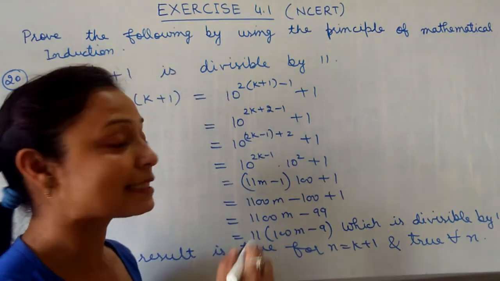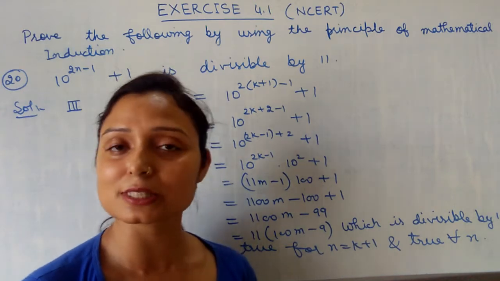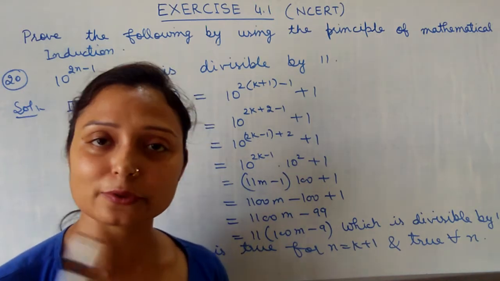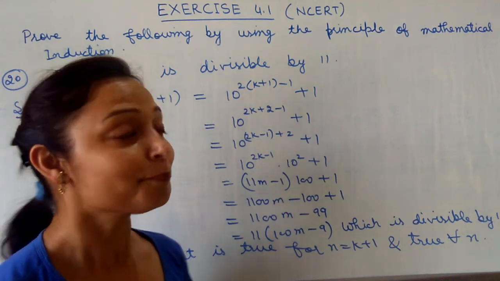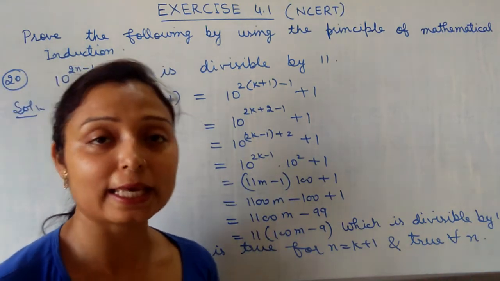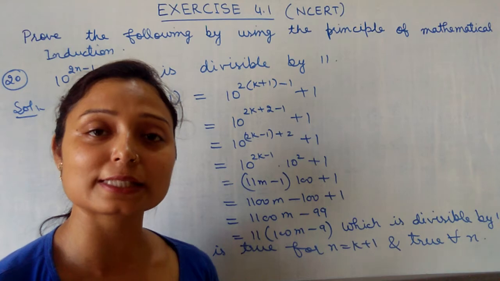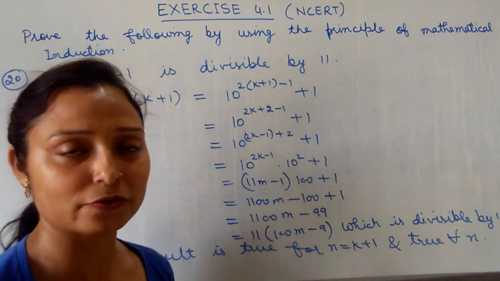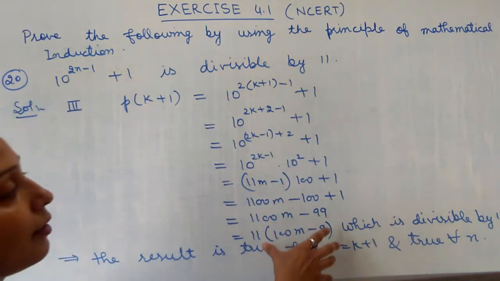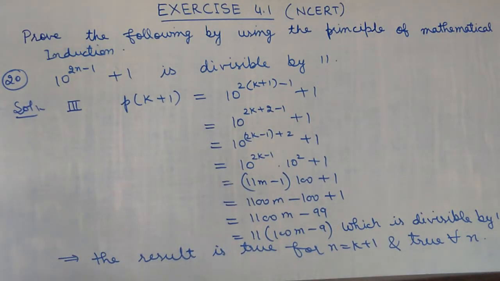Okay, so these three steps you have to learn. First, put the value n equals 1. Then the second step, you take the value for n equals k. And third, for proving the third step, you need the second step's solution, and prove the third by using the second step.